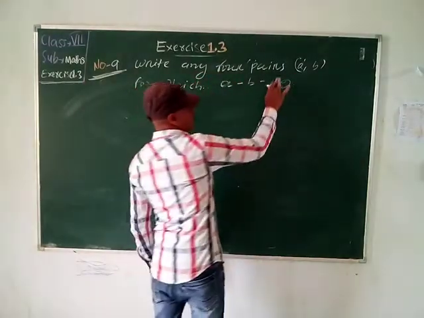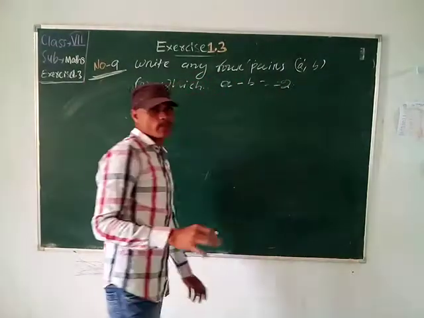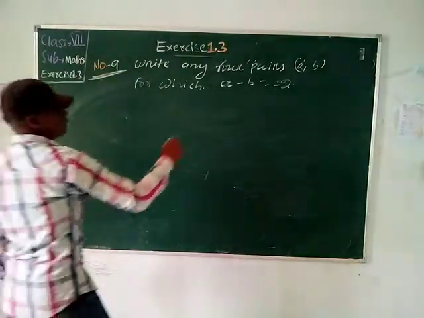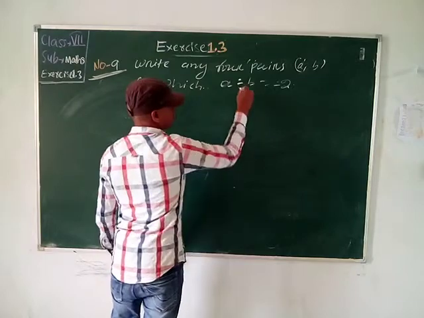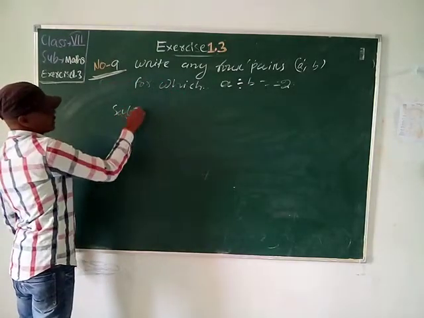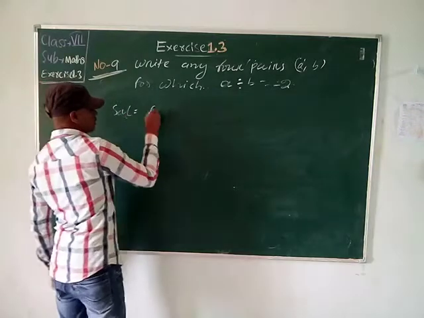That means we take 4 pairs of numbers such that when we divide, the answer is minus 2. Then solution. We take 4 pairs.